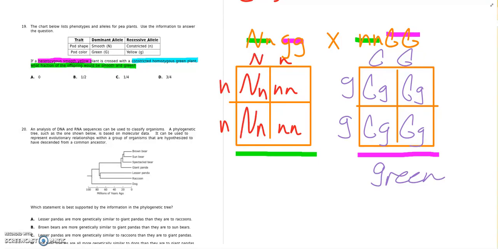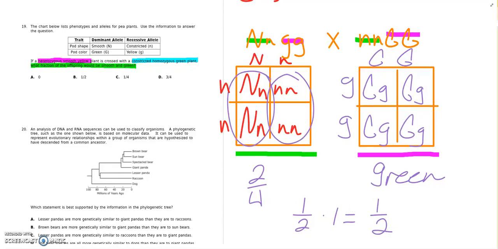And for this pod shape, we have 50%, 50-50, so I have 2 out of the 4 that are going to be smooth. So 1/2 times 1 equals 1/2. So my answer here is B.